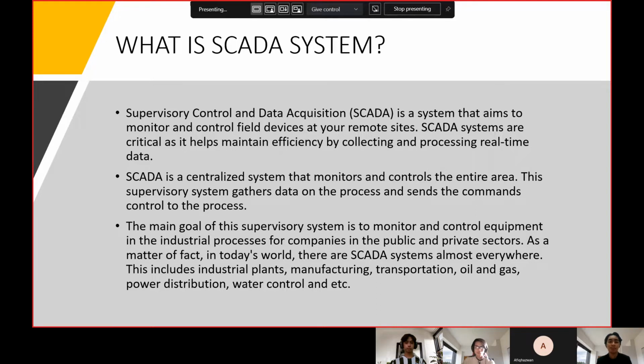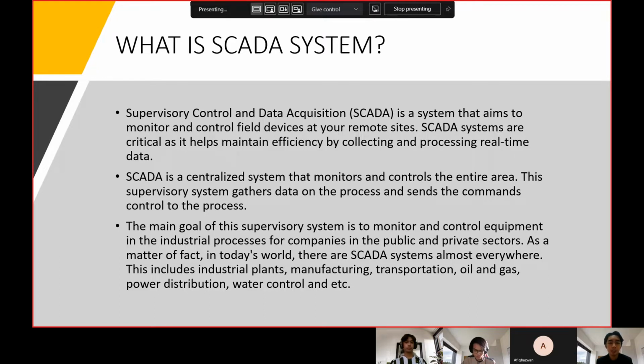SCADA systems are critical as they help maintain efficiency by collecting and processing real-time data. SCADA is a centralized system that monitors and controls the entire area. This supervisory system gathers data on the process and sends control commands to the process.